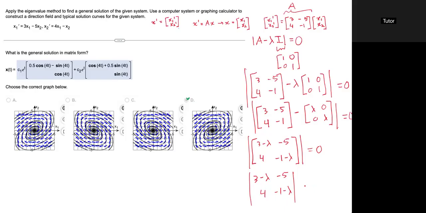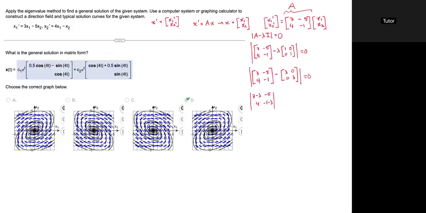A 3 by 3 matrix is slightly more complicated but follows the same general idea. So then (3 minus lambda) times (-1 minus lambda) minus 4 times -5 is equal to 0.